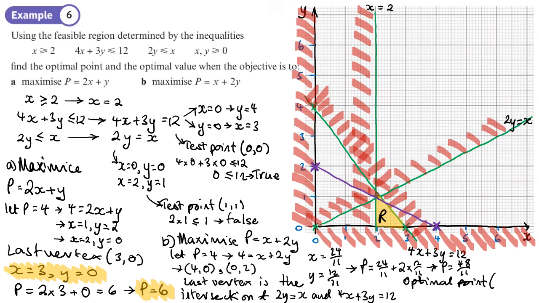Now we had 24 over 11, so that's 2 and 2/11, and the y coordinate is going to be 1 and 1/11, and then the maximized value, the max value of P, is going to be 48 over 11, so that's going to be 4 and 4/11. So we'll just highlight those answers there for part B before moving on to the next example.